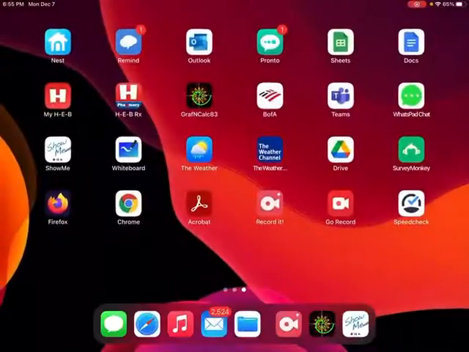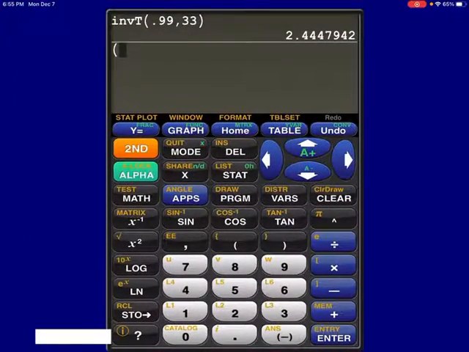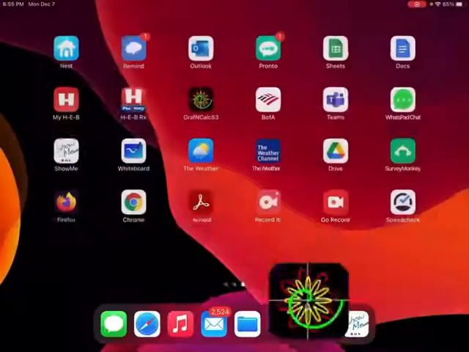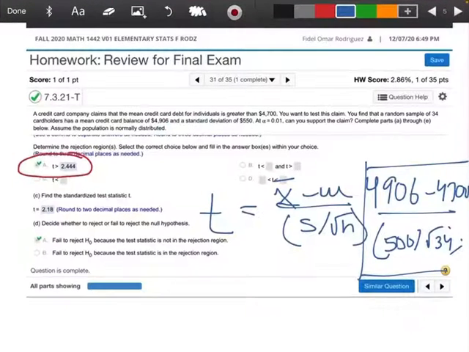I'm going to take 4906 in parentheses minus 4700, close it off, divided by 550, divided by the square root of 34. Hit enter, and I'm coming up with 2.18. If you notice here, that's what we wrote right there, 2.18.